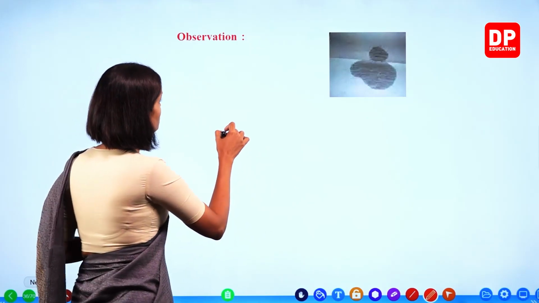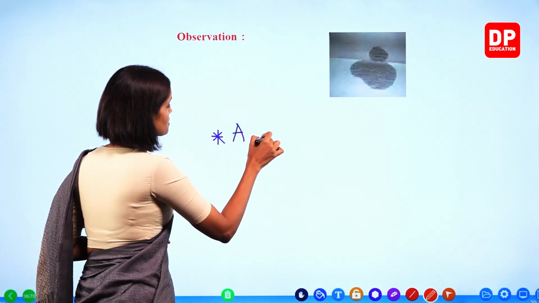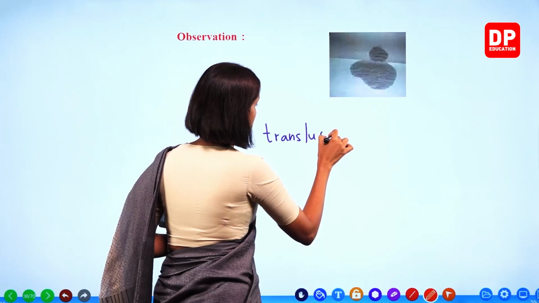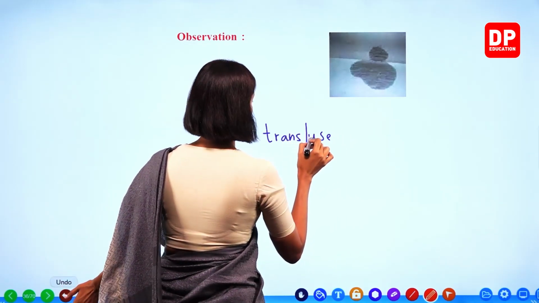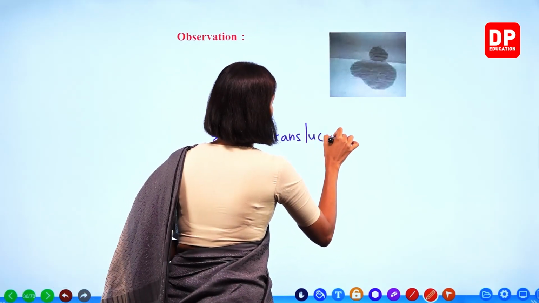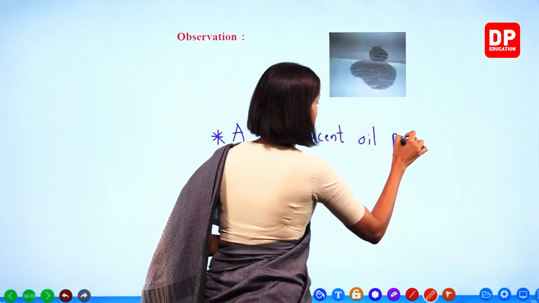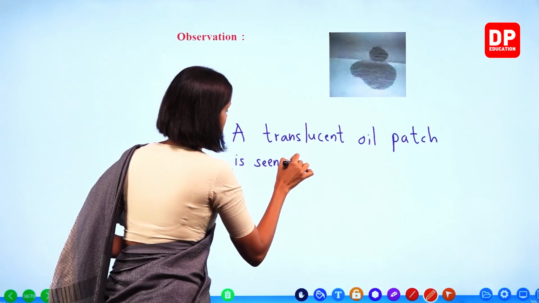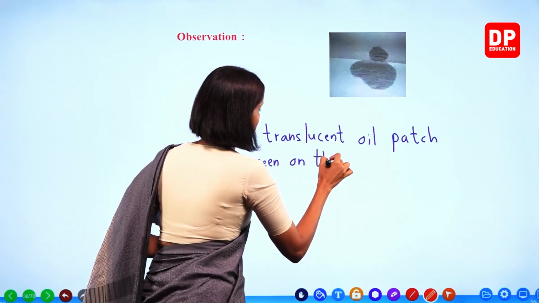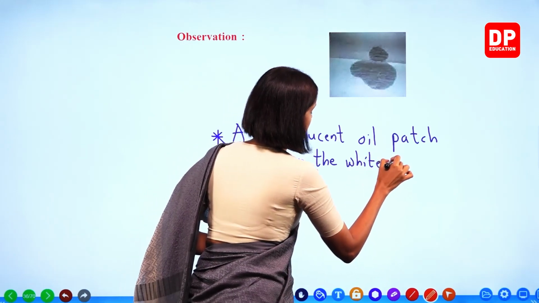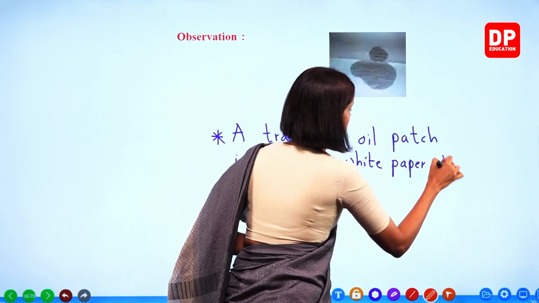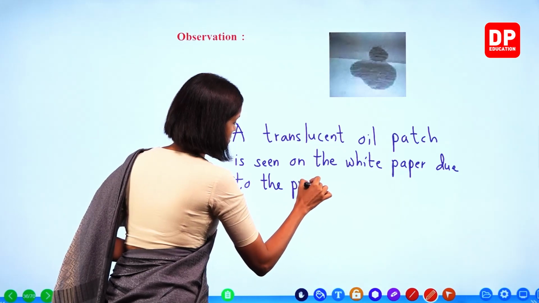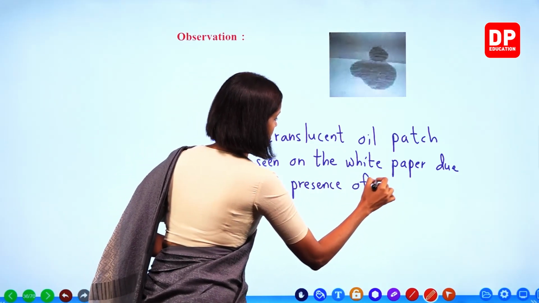Okay? We will write down the observation. A translucent oil patch is seen on the white paper due to the presence of lipids.